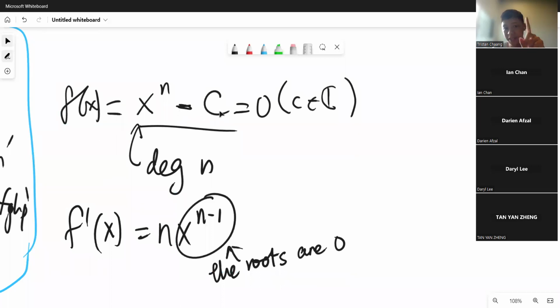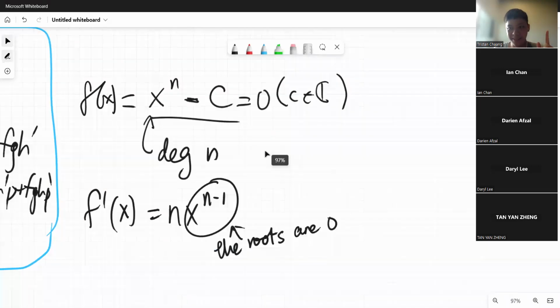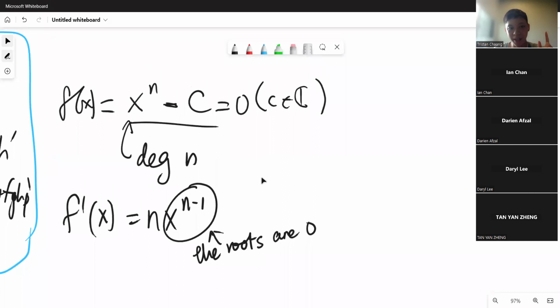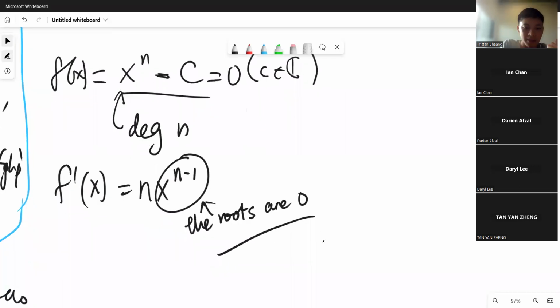Only in one case, right? Where c is 0. Does that make sense? So we're trying to apply that criteria, whether or not f and f prime have a common root. And apparently f prime has a common root with f only when c is 0. Because the root here is 0. If you plug it back into here, there is only 0 when c is 0.